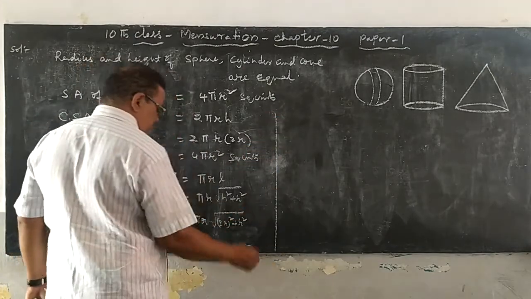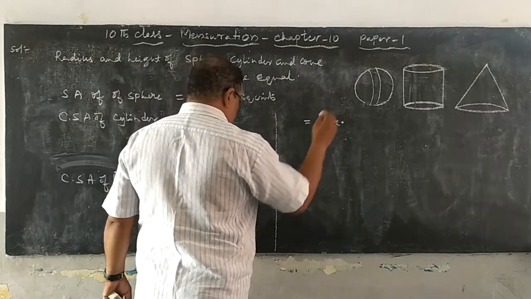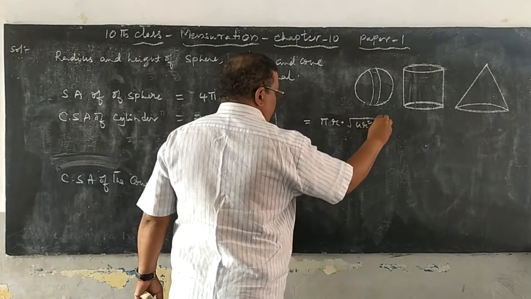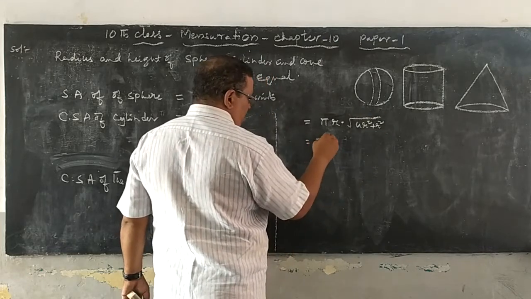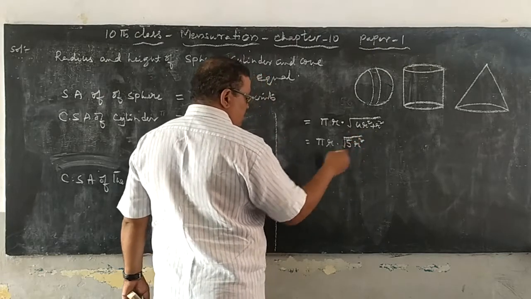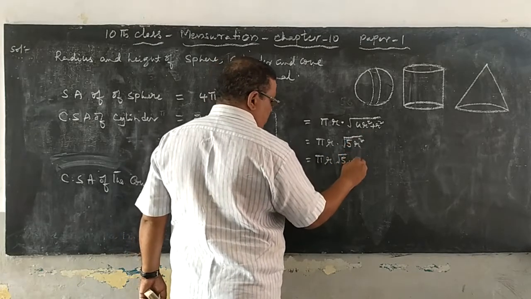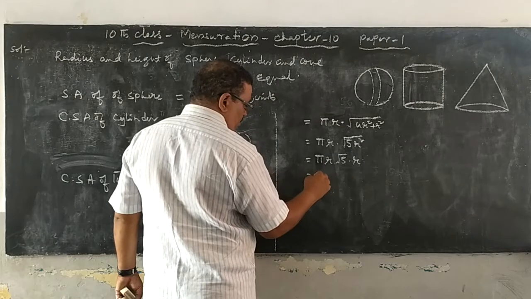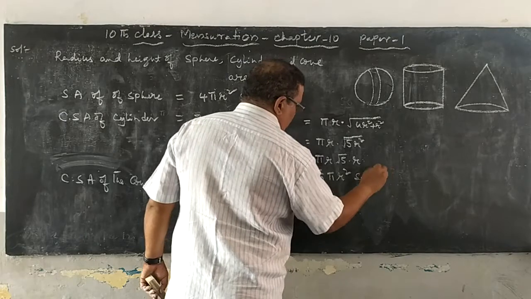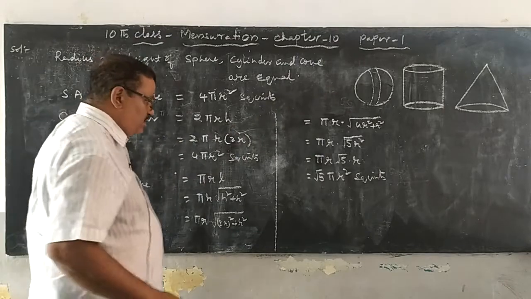That is pi r into square root of 4r square plus r square, that is 5r square. Pi r into root 5 r square. When we cancel, pi r into root 5 into r, finally root 5 pi r square square units.